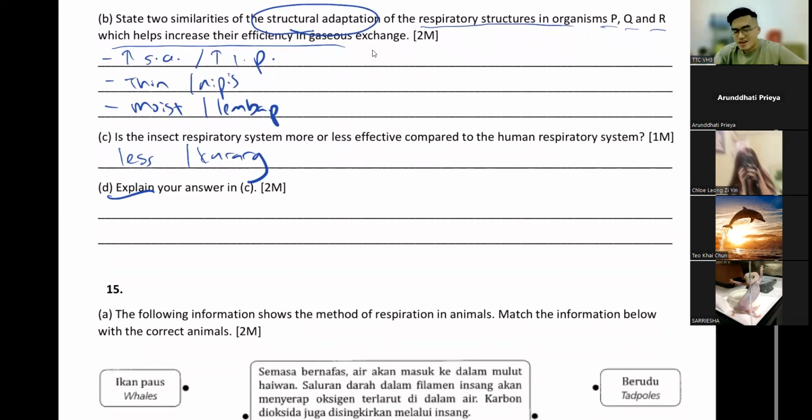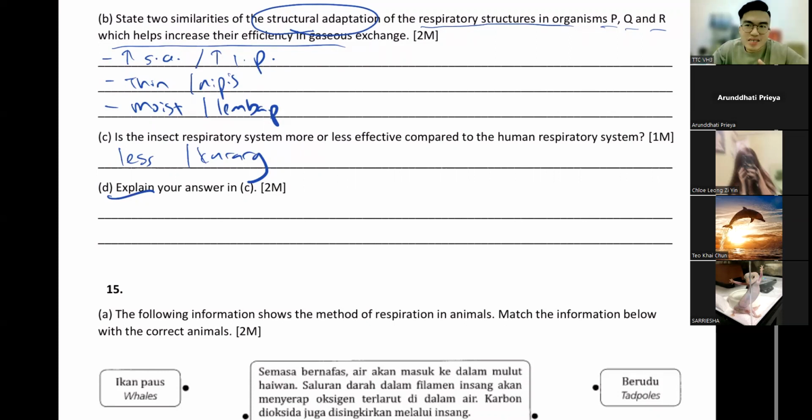Why is a grasshopper less effective? Less surface area. Okay, I say you got the point already. You got 1 point already. It has less surface area, I accept. So what? Why do grasshoppers need lower surface area than us?